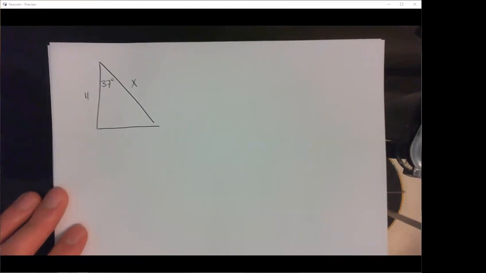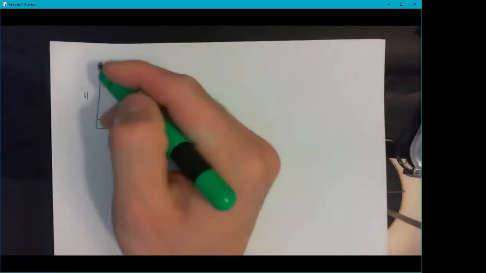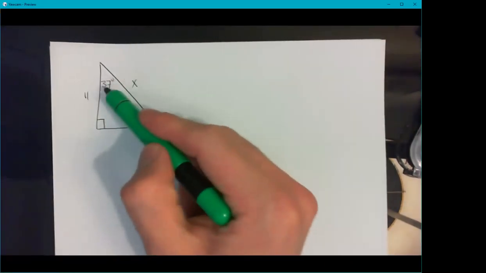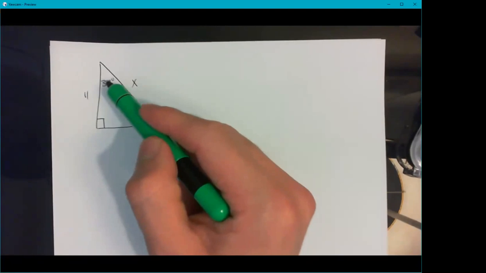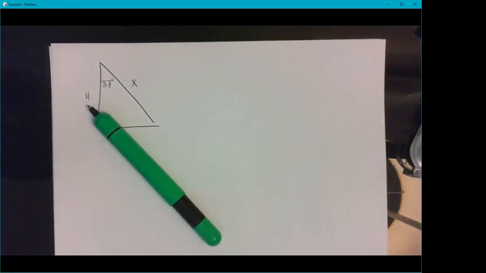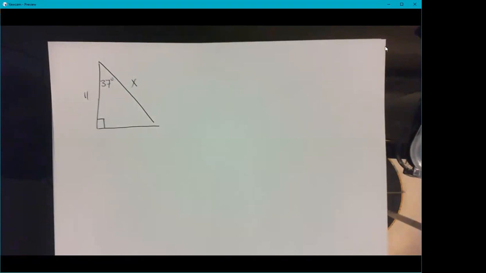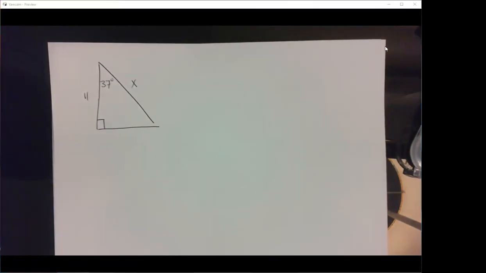Correct? Yeah. So there are 2 completely independent ways that this can be done. Number 1, we could use the 37-degree angle. From this 37-degree angle's perspective, what is this side length called? The adjacent. And what are we solving for? Hypotenuse. So which ratio is made of adjacent and hypotenuse?